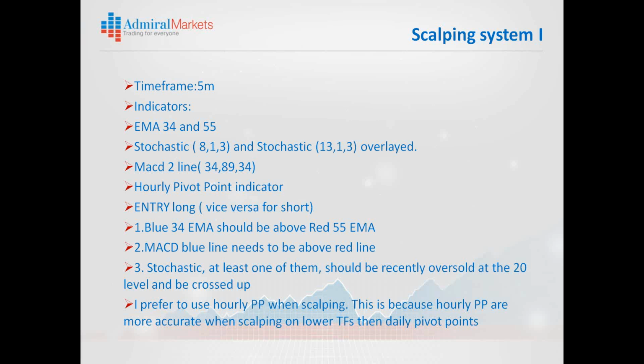So what we use is EMA 34 and 55. EMAs are both close, so EMA 34 and 55. Also, we use 2 stochastics. First is 8, 1, 3, and second is 3, 1, 3.